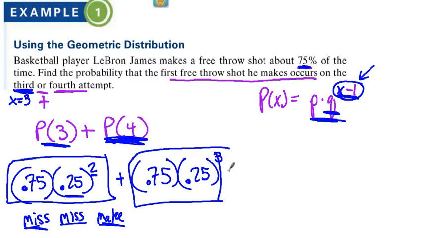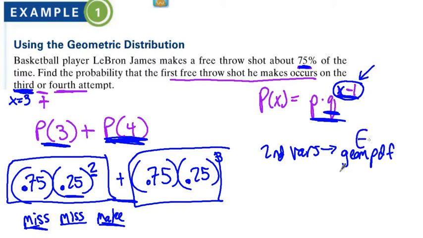Let me show you how to do it on the calculator. You could just add these by hand, but there is a way to do it on the calculator. So you go to second vars, kind of like we did for binomial. You have to scroll down a ways, and you are looking for geometPDF, geometric probability distribution function. That's E, at least on mine.